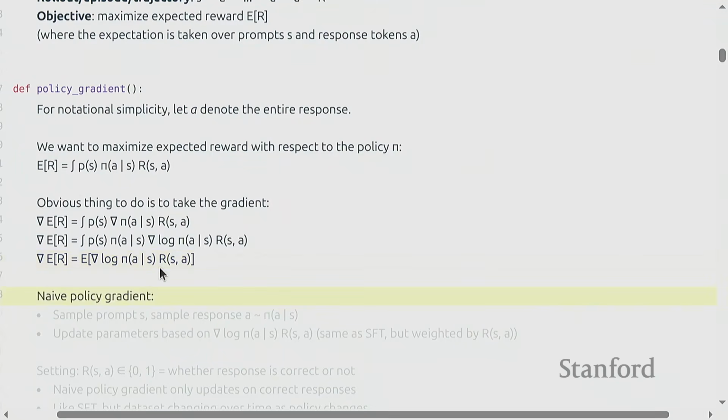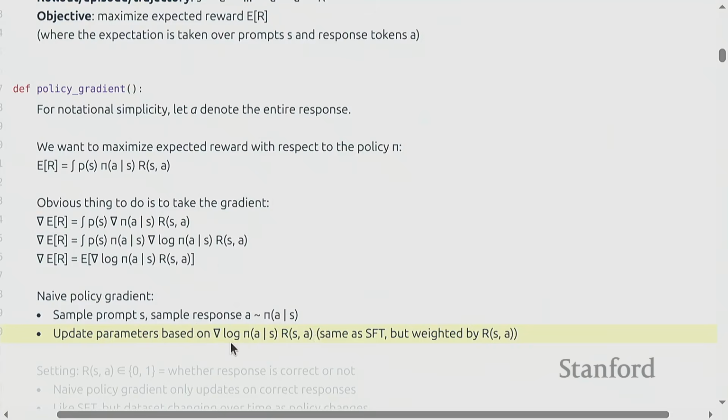Okay, so naive policy gradient basically says, I'm just going to sample a prompt from P, sample a response A, and then I'm just going to update the parameters based on whatever's inside this expectation. Think about if you're doing SGD, you look at the expected loss, and you just sample a term, evaluate it and go with that.